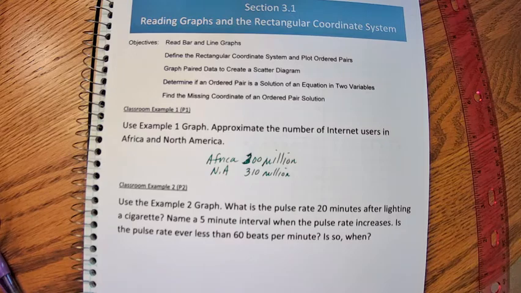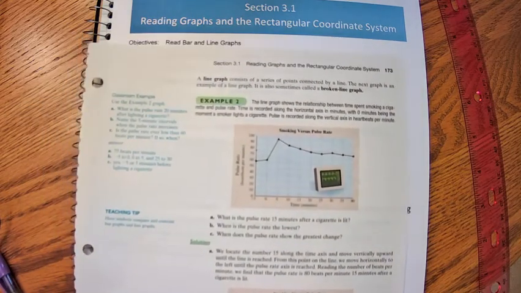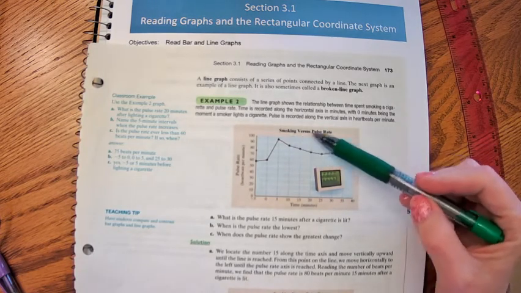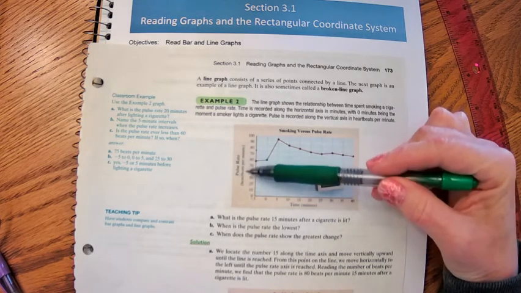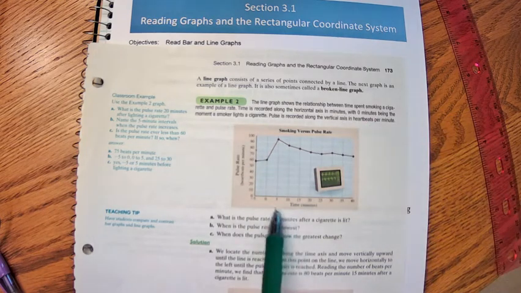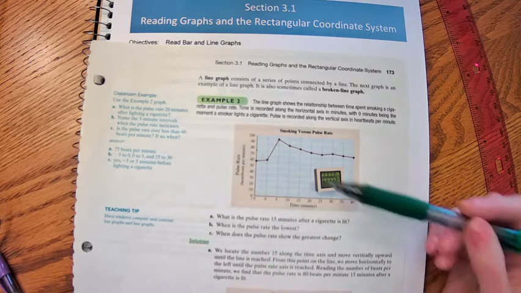So as we look at the example 2 graph, this is smoking versus pulse rate, and along this vertical axis it says the pulse rate, and this is heartbeats per minute, and along this other axis here, this is the time in minutes.